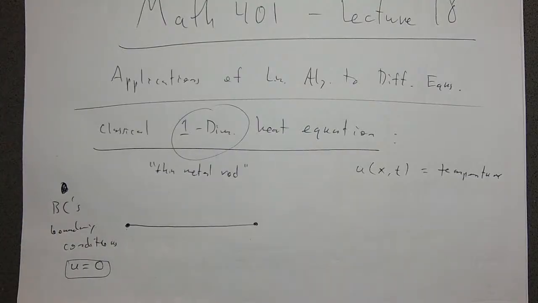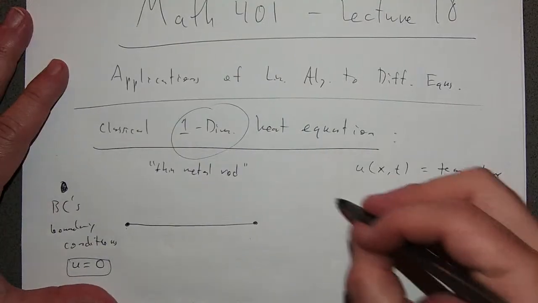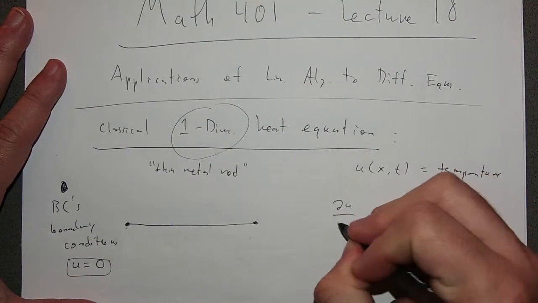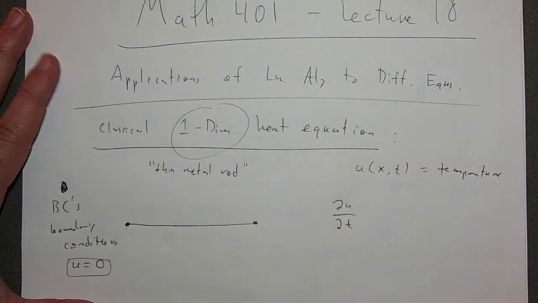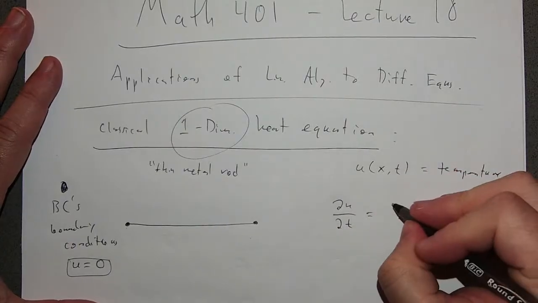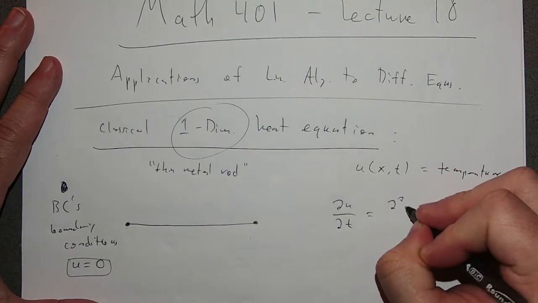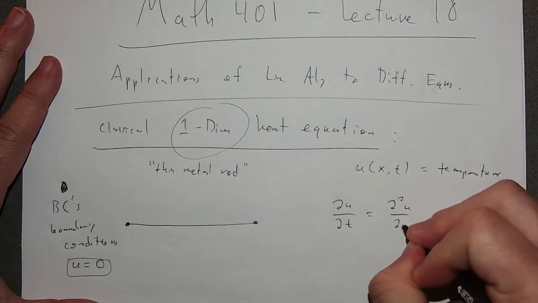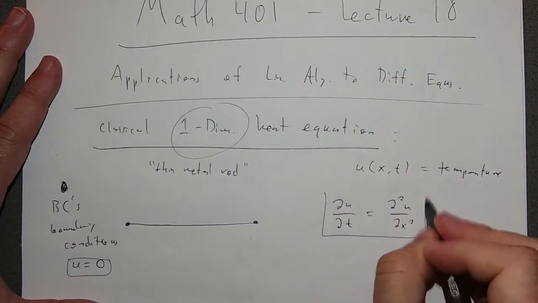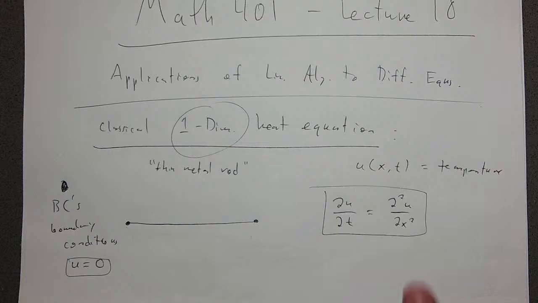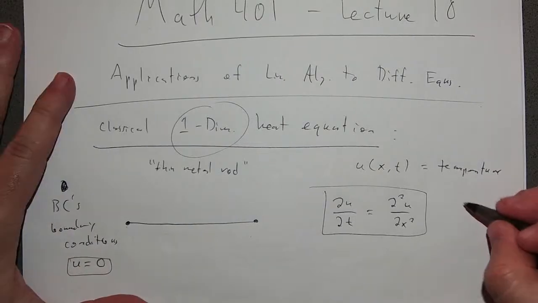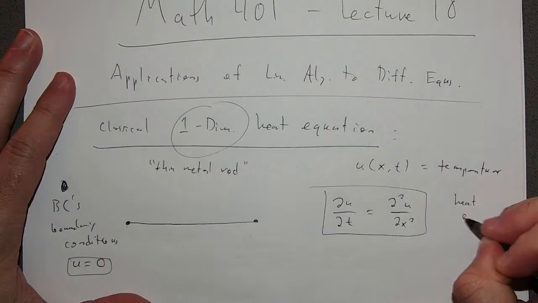What is the heat equation itself, or the one-dimensional diffusion equation? It is the partial derivative of u with respect to t is equal to the second order partial of u with respect to x. Oftentimes there will be a constant here. I'm just going to have that constant be 1 in this case. This is called the heat equation in 1D.